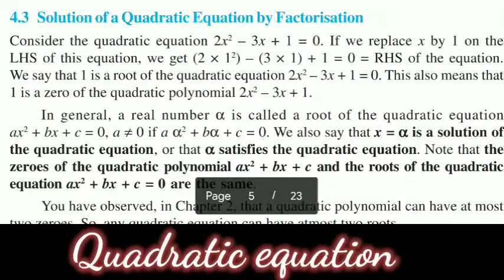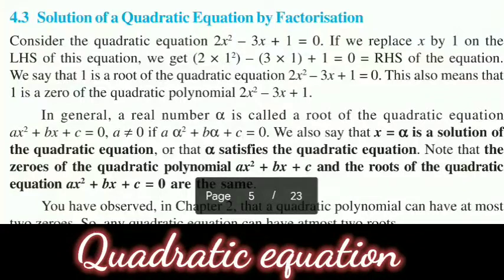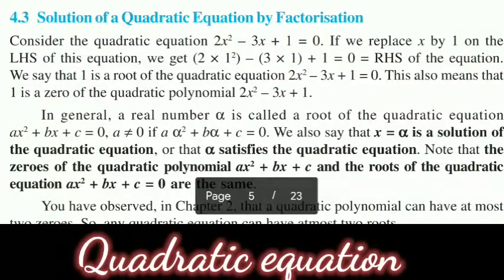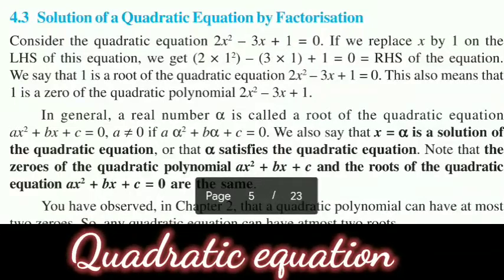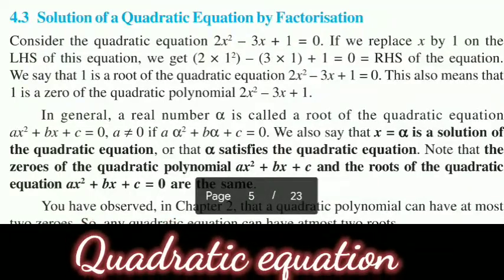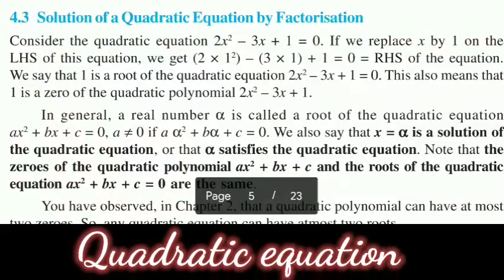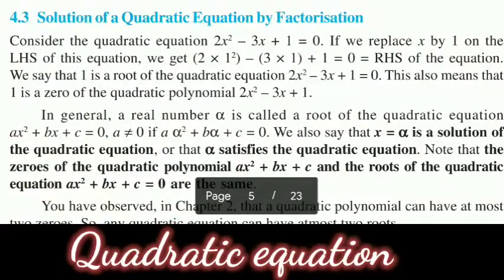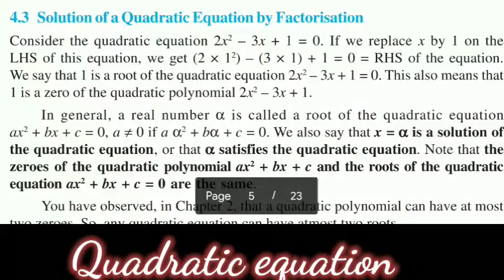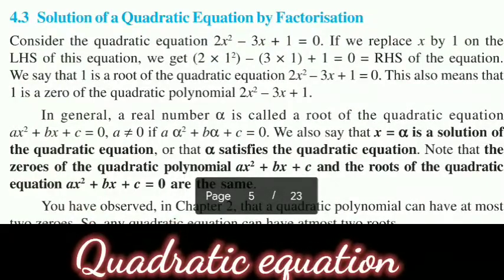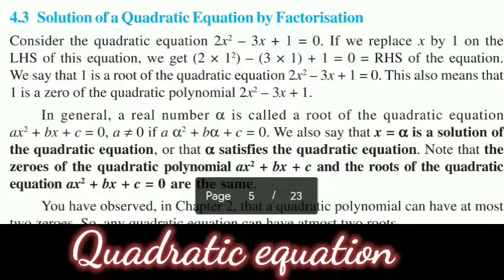Whatever values we are putting, those values replace x and we get the remainder 0, and we are achieving the values equal to RHS, and that we can say are the zeros of the given quadratic equation.